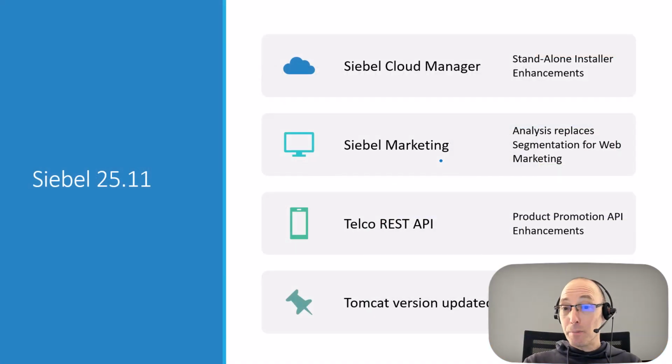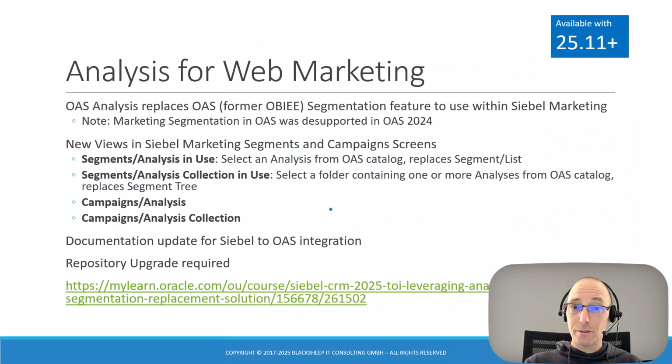And we are on November, 25.11 at the time of recording, just a few weeks ago. Again, we have Siebel Cloud Manager enhancements, Siebel Marketing news, and REST API enhancements. So let's talk about that marketing news.